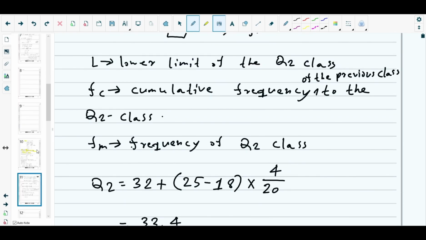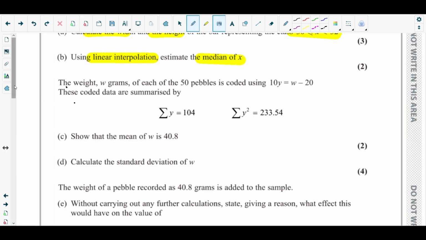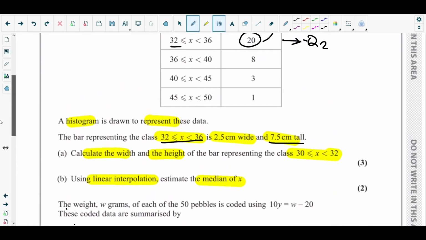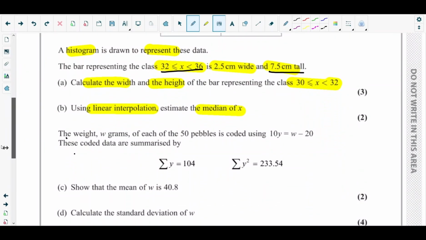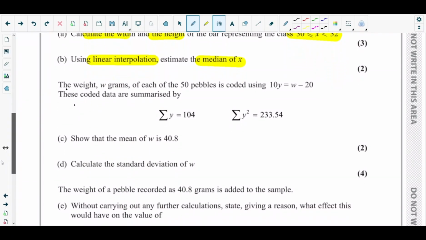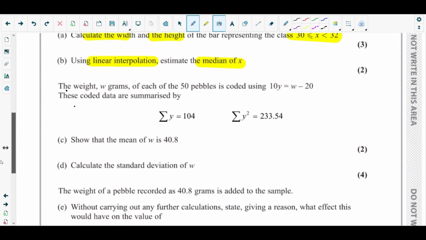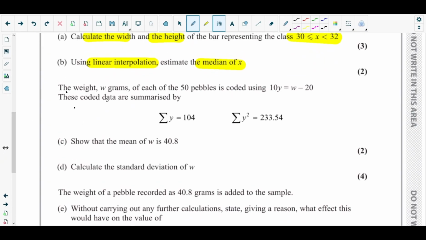Okay, so what's next? Next is part C. For part C, they said the weight W grams of each of the 50 pebbles has been coded using y equals W minus 20 over 10.